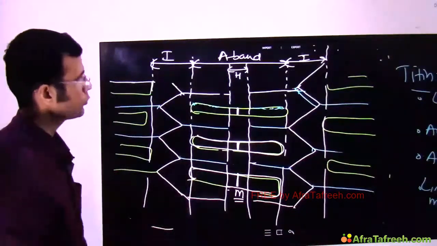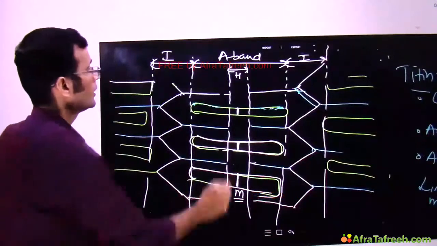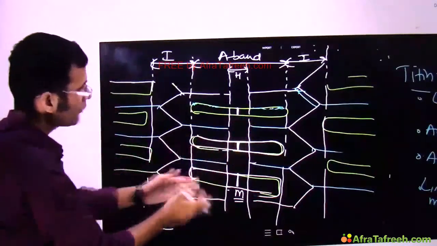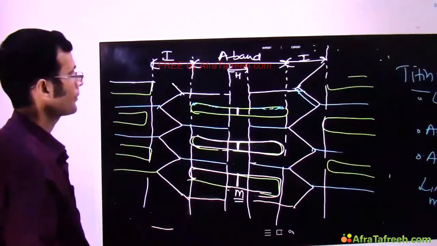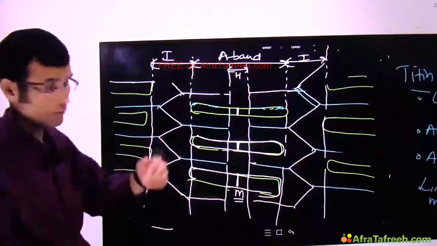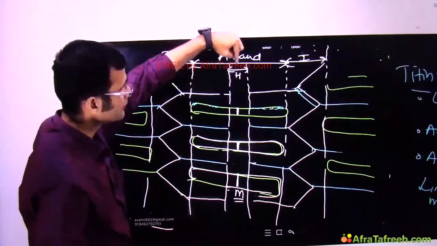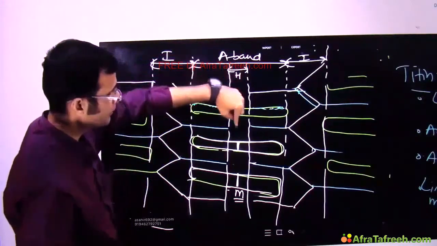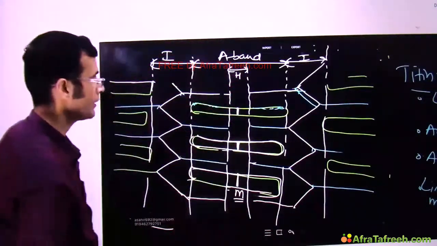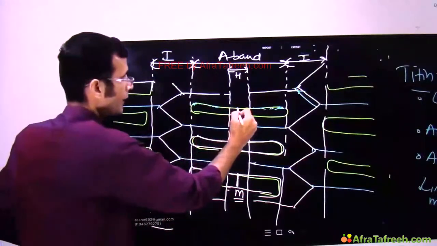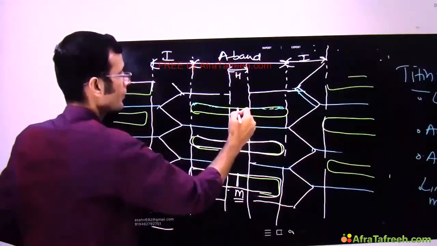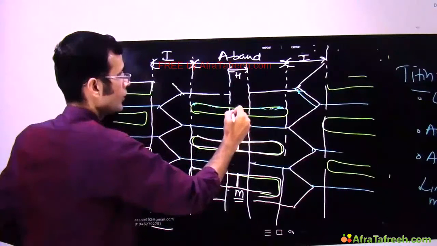There is one more zone or band on either side of the M line. There are light areas. At the very center of the H zone there is the M line. If you pass light through this area, there is a dark line called the M line. Now on either side of the M line, some distance away, there are light areas.